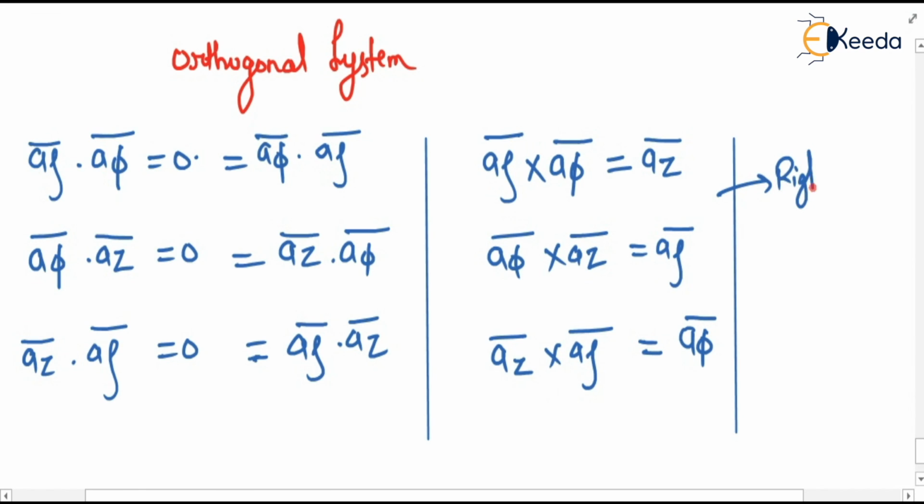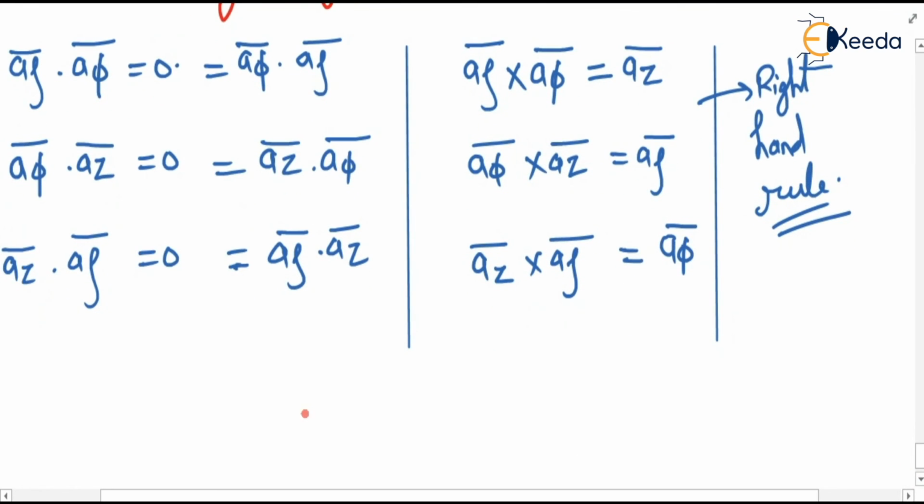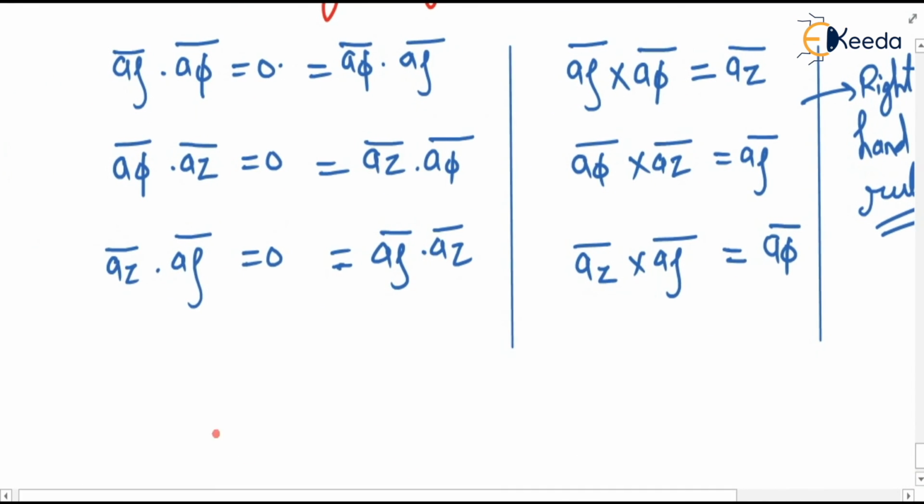This can also be regarded as the right hand rule. This is also called orthonormality.